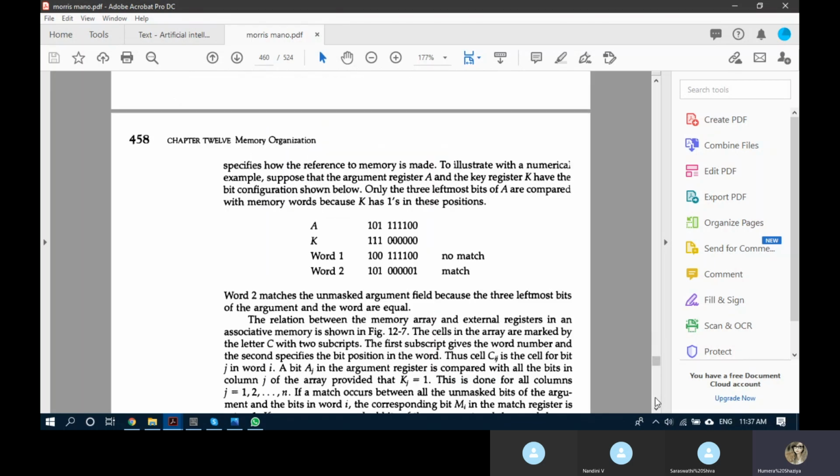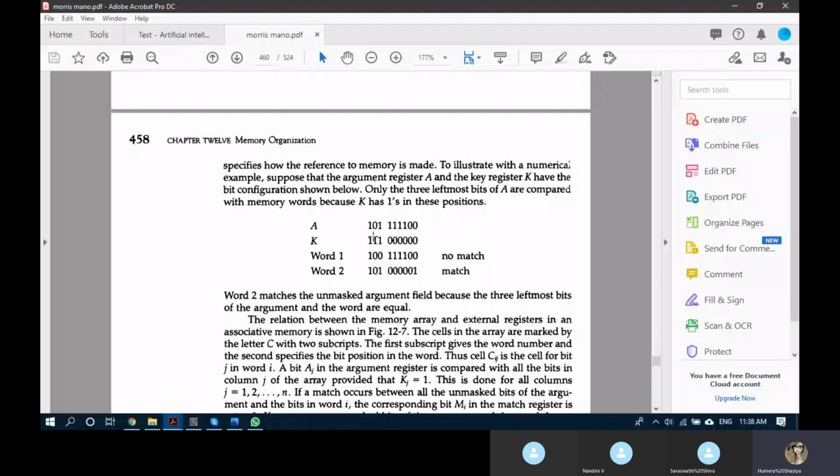Let us look at an example. A is the argument register, having a value 101 followed by other bits, 4 ones and 2 zeros. K is the mask, having 3 ones followed by many zeros. What does that mean? We are trying to search only for 101, not the entire word. Why?